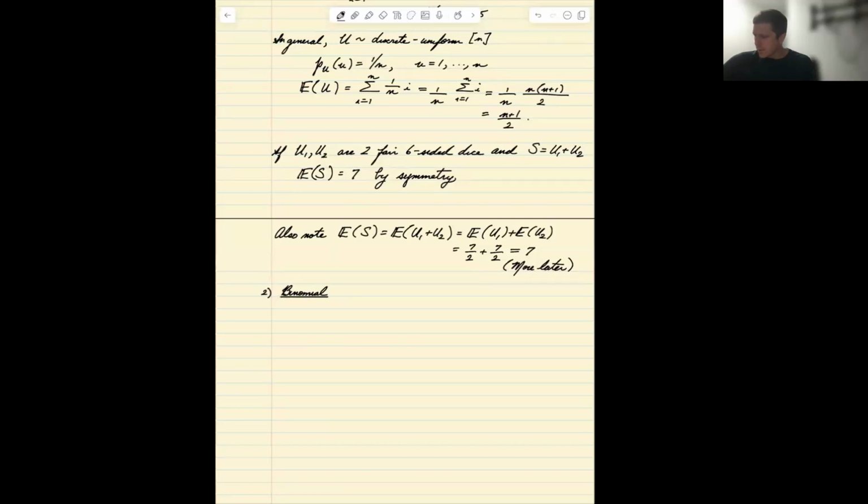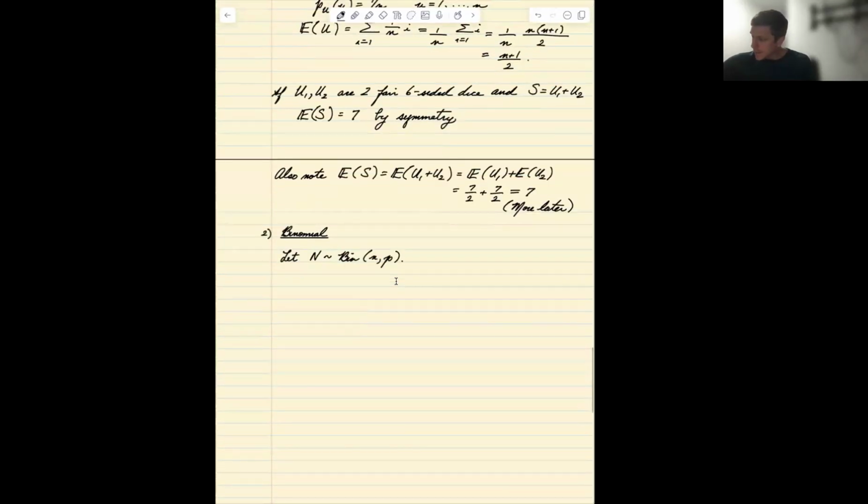Let's talk next about the binomial distribution. Now let's suppose we have a binomial random variable, binomial n and p. Then how do we calculate the expectation?